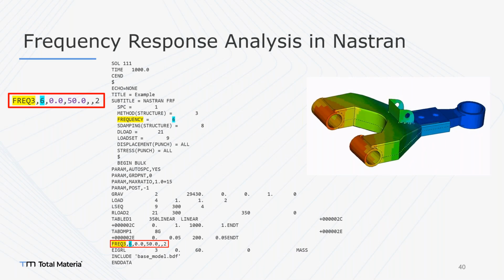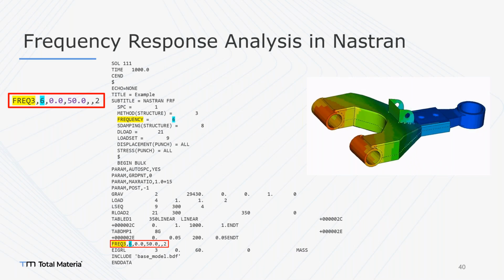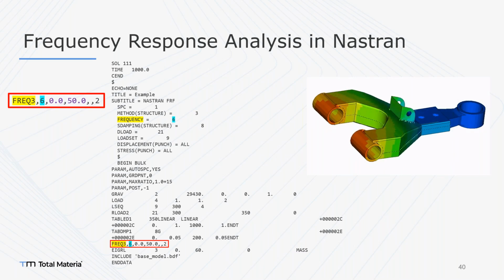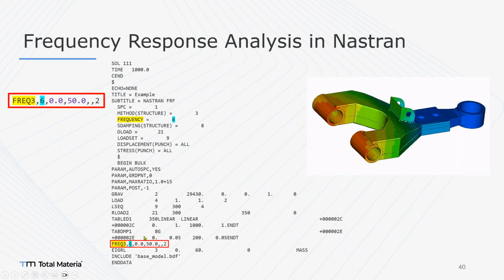One thing I need to mention about the frequency response analysis: the damping ratio, the damping value of the structure, depends on which frequency level you are seeking. Because when you see the damping table, at the 0 frequency point your damping value will be 0.05, and up to the 200 frequency level also 0.05.